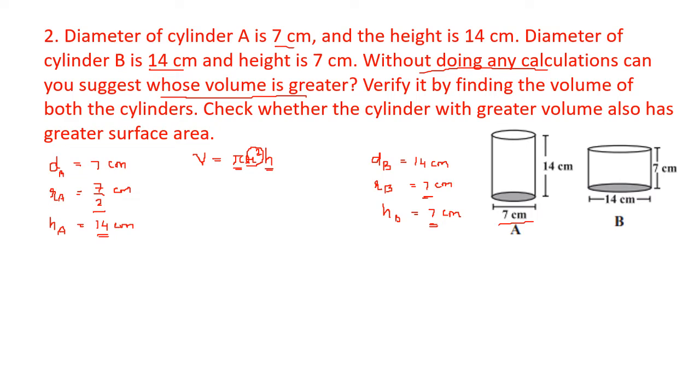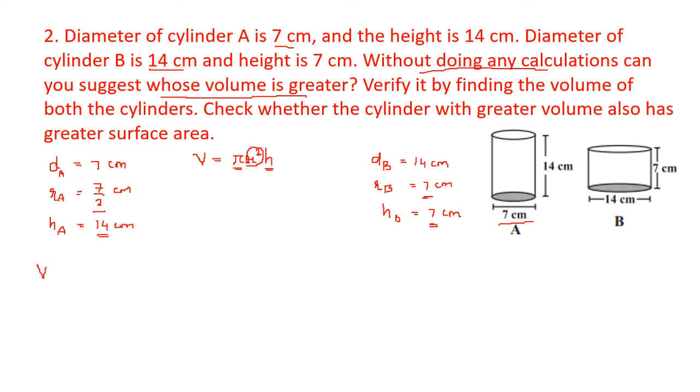The radius of cylinder B is twice the radius of cylinder A, but the height of cylinder A is twice the height of cylinder B. So if you compare this, what will you get? You can see this r square. So any guesses which has got a greater volume? Now we'll do the calculation and then compare our answers.